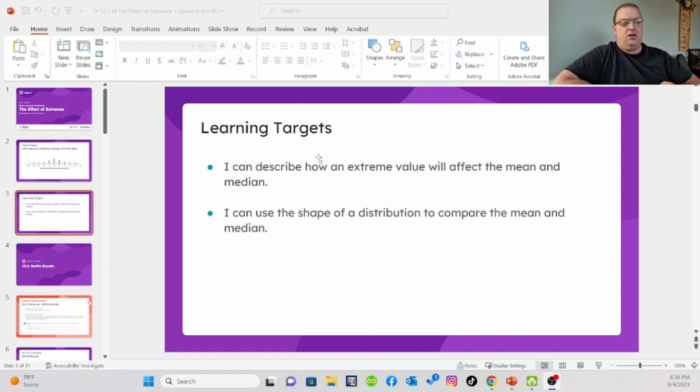So we're going to talk about how the shape does or does not affect the mean and the median, and how we can simply look at the shape and understand whether they're going to be the same or whether one is going to be higher or lower, and how we know which one that is. Again, these skills are absolutely going to be tested on the end of unit assessment, so we need to make sure that you are comfortable saying you can do both of these learning targets.